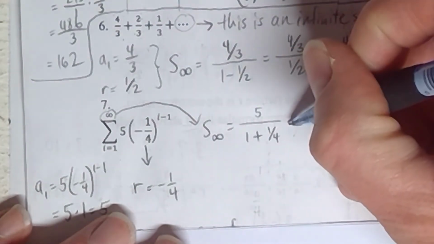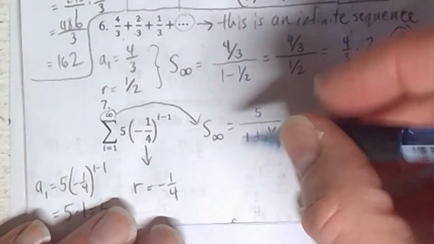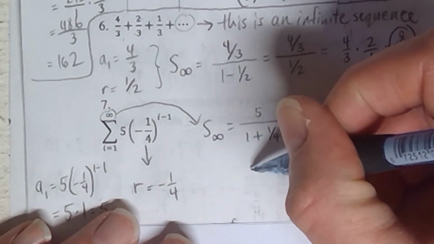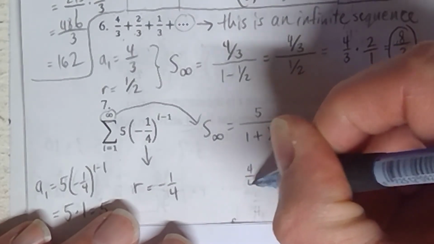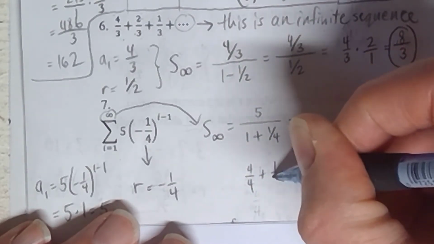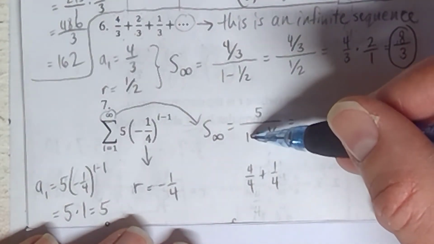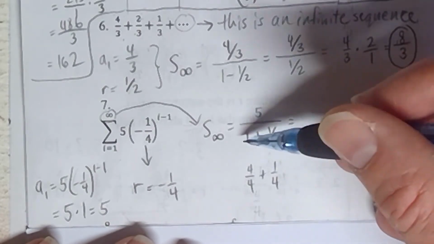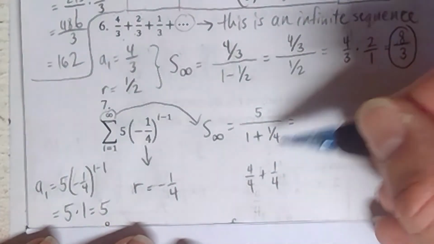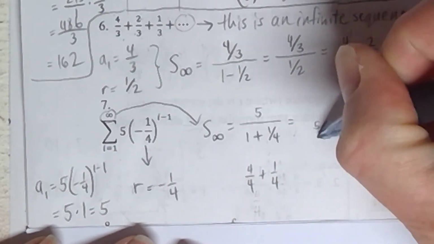Now we need to figure out what this fraction is equal to. That means you have to figure out what the top and the bottom are equal to. 1 plus 1/4 is the same thing as 4/4 plus 1/4. Remember, you need a common denominator since you're adding a fraction to something. You make the 1 into a fraction so that you can add the two fractions together. Common denominator is 4. We add and we get 5/4.